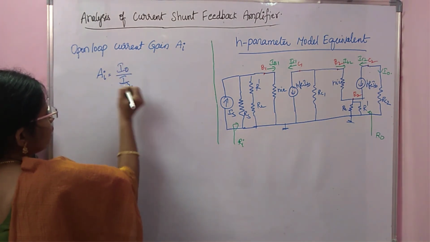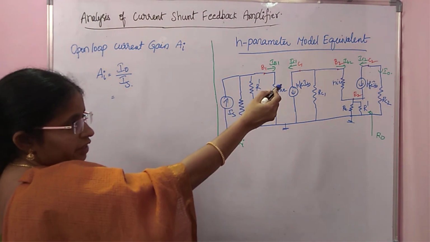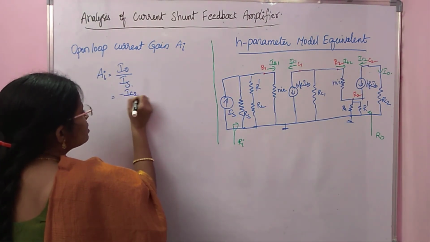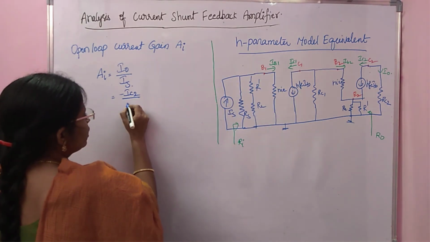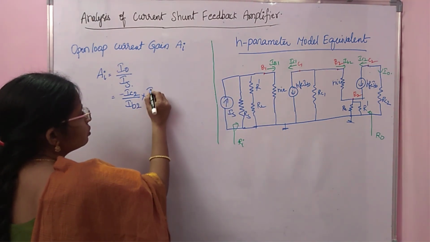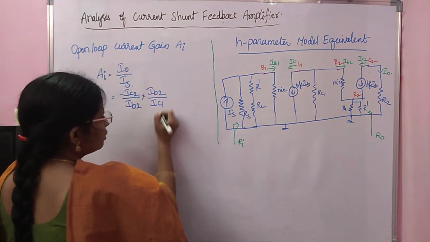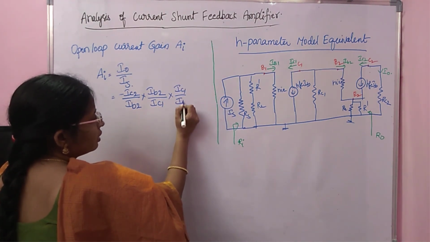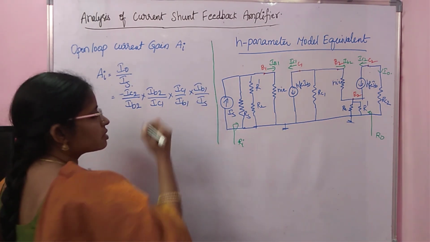AI is I0 by Is. I0 by Is can be written as, first you write I0 as minus IC2. So it is minus IC2 by IB2, into IB2 by IC1, then IC1 by IB1 into IB1 by Is.